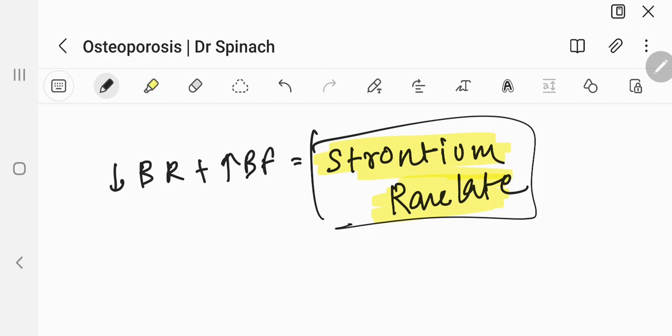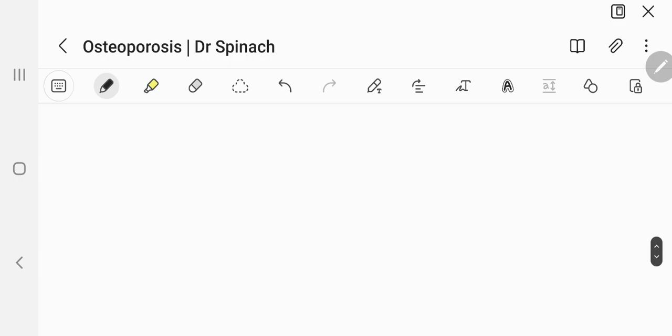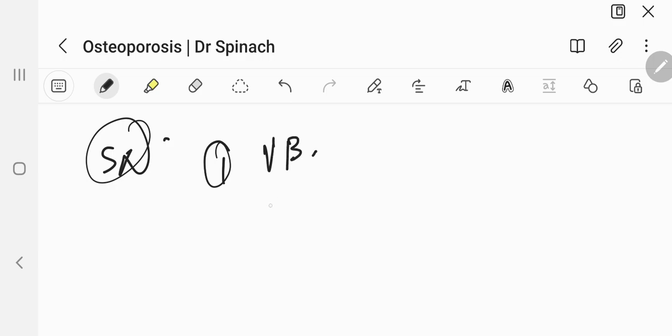Okay. Well, the surgeries are not important, but let me just briefly discuss these surgeries as well. These are known as vertebroplasty and balloon kyphoplasty.